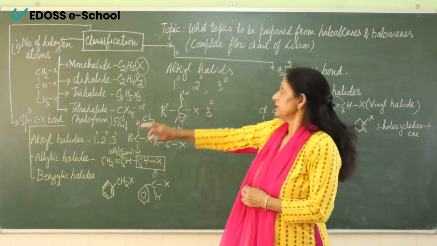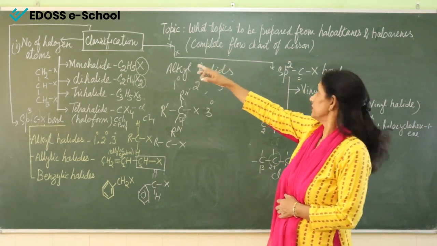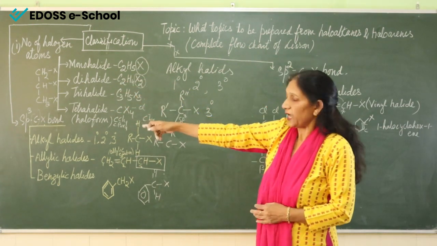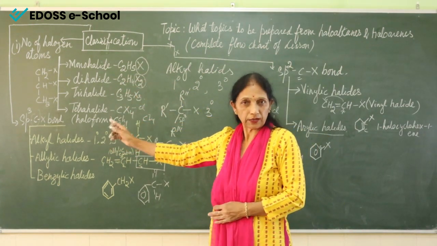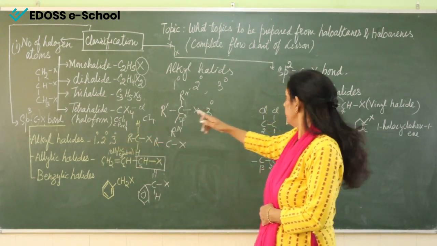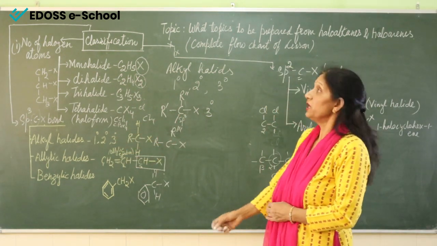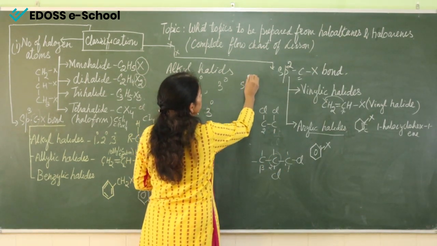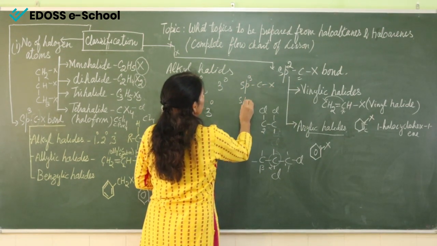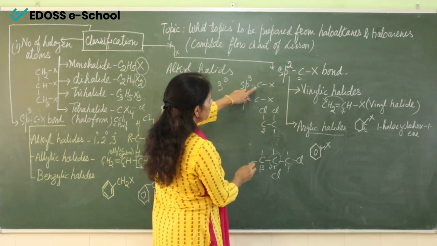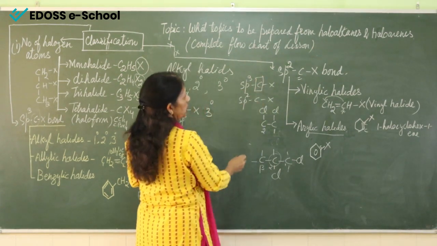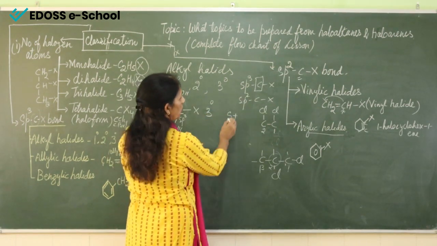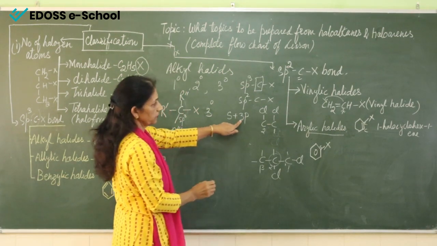So this is the classification of haloalkanes and haloarenes on the basis of the number of halogen atoms, the type of sp3 hybridized carbon C-X bond, and the sp2 C-X bond. Now one thing more that I want to teach you about sp2 and sp3. sp3 means this carbon is having hybridized orbitals of 1s and 3p.